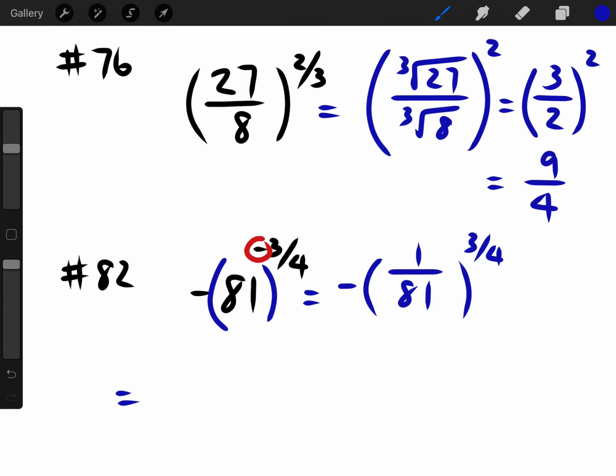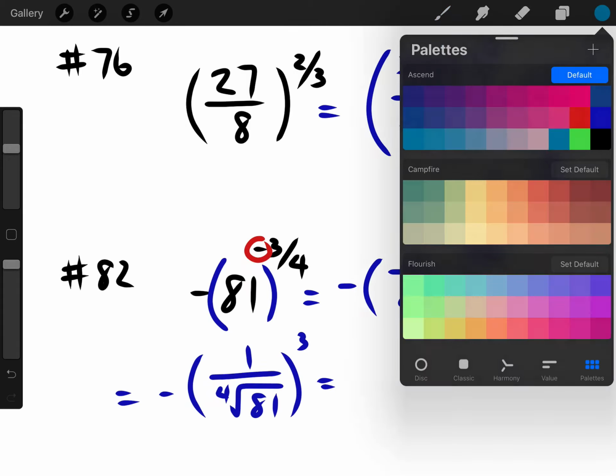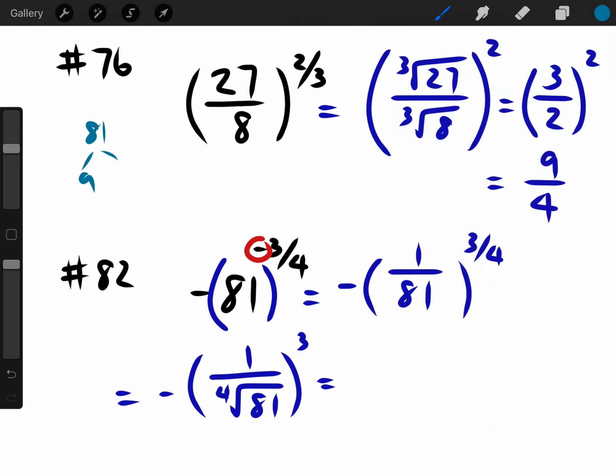And now you have the 4th root. Okay, so negative 1 over, and then you do the 4th root of 81. Okay, so you know that 81, let's put it down on the side. So 81 is 9 times 9, and then 9 is 3 times 3, and then 3 times 3. So 81 is 3 multiplied by itself 4 times.